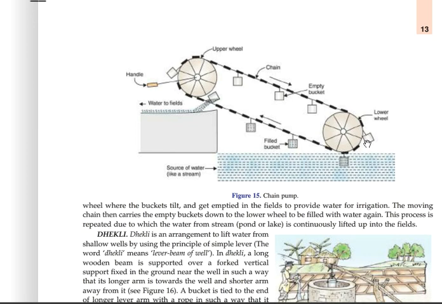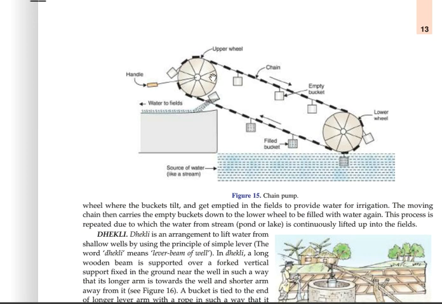When the bucket reaches the source of water, it is filled up with water and it rises up, and before reaching the upper level of the axle or wheel, the filled water is drained down into a place from where this water is used for irrigation purposes.